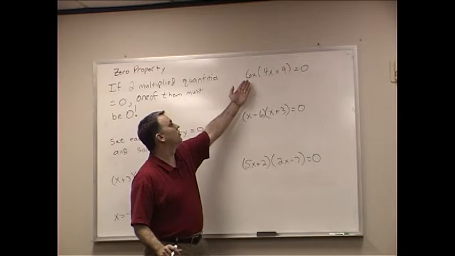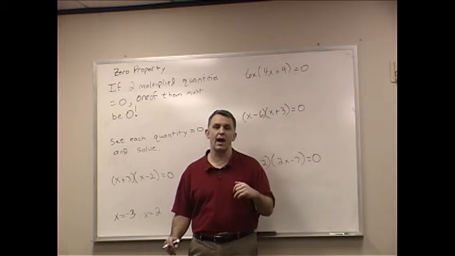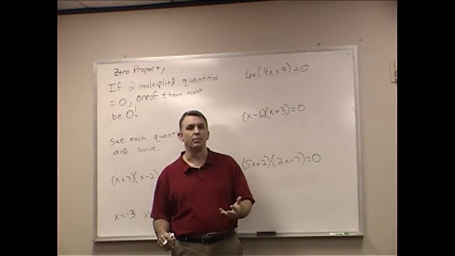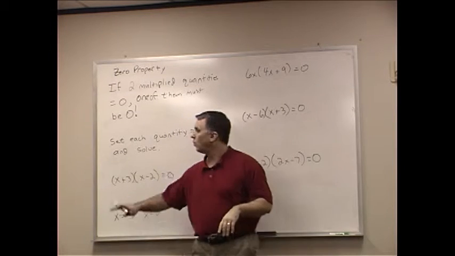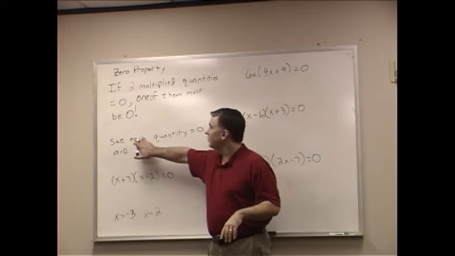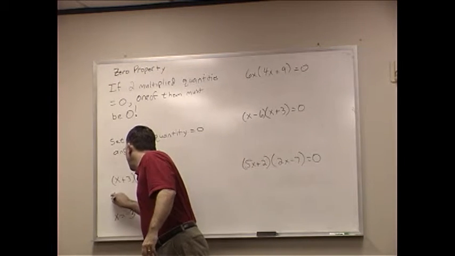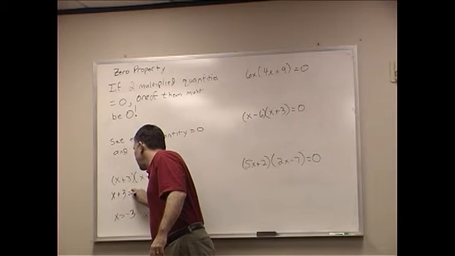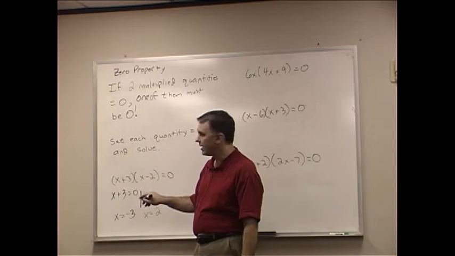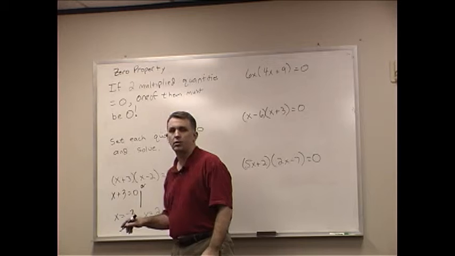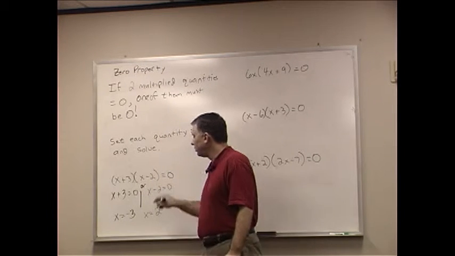All right. Now, it's easy to do these by guess and check when they're simple. What if you have two quantities, and especially if we look at 4x plus 9, it's not so simple to look at and say, oh, what value of x makes that 0? So what we do is we set each quantity equal to 0 and solve. Now, for this one, x plus 3 equals 0, and we usually put a little line there, and I usually write the little word or there. x minus 2 equals 0.